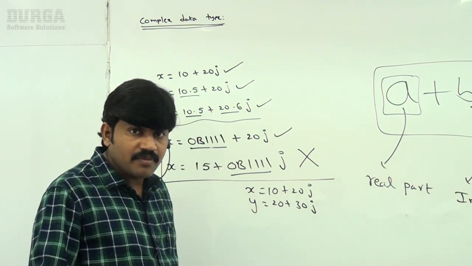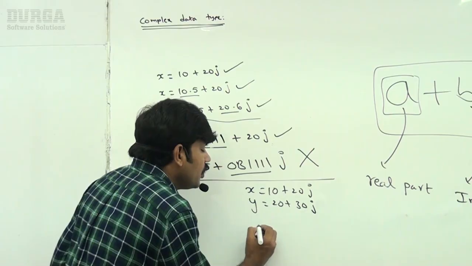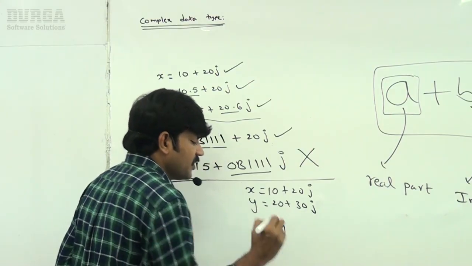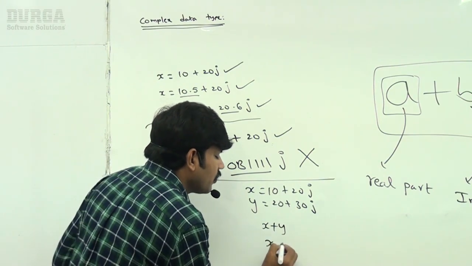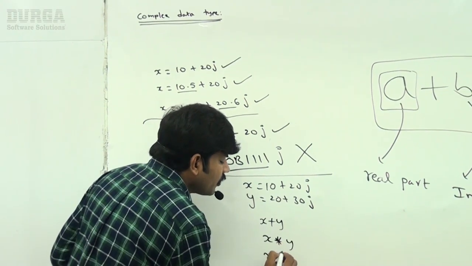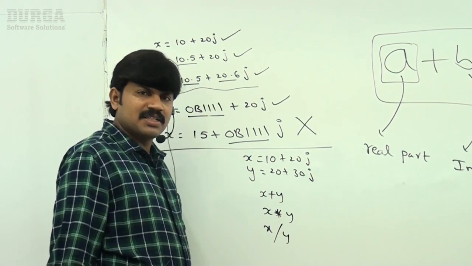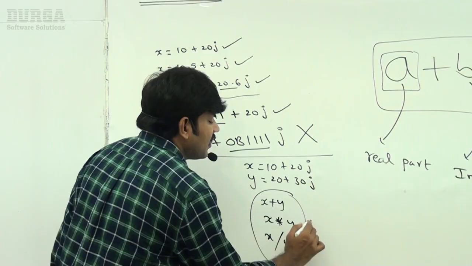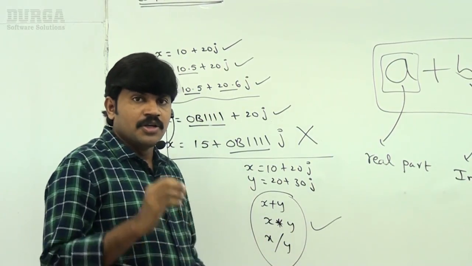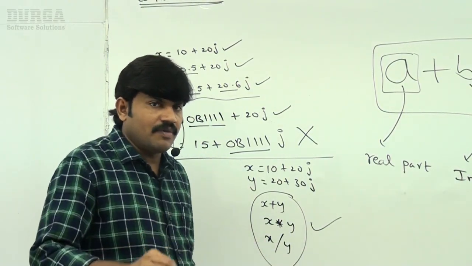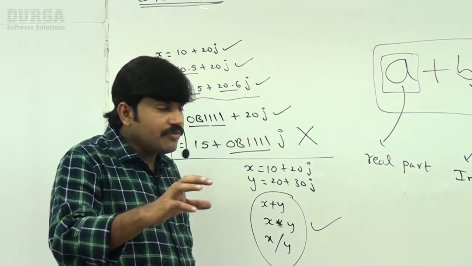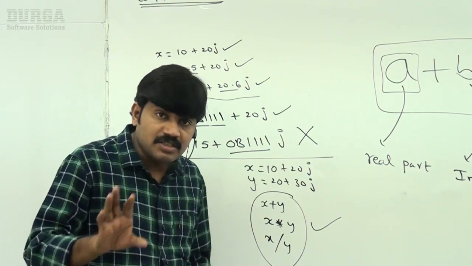Yes, we can perform, no problem at all. If you want, you can ask x plus y, x into y, x by y, x minus y. All those things are perfectly acceptable. Even we can perform arithmetic operations between two complex numbers.